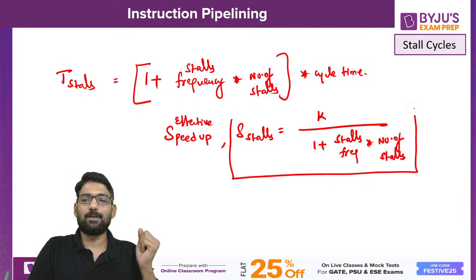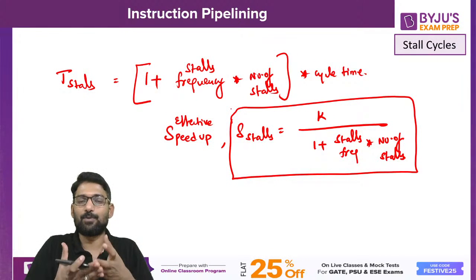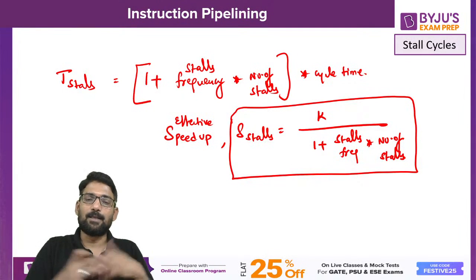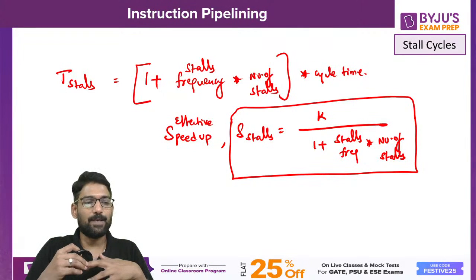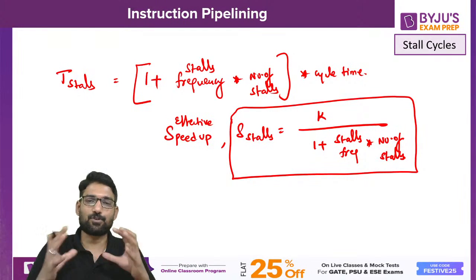So whenever we are given the information about the stall cycles frequency and the number of stall cycles, this is how we calculate the effective speed up with respect to stalls.